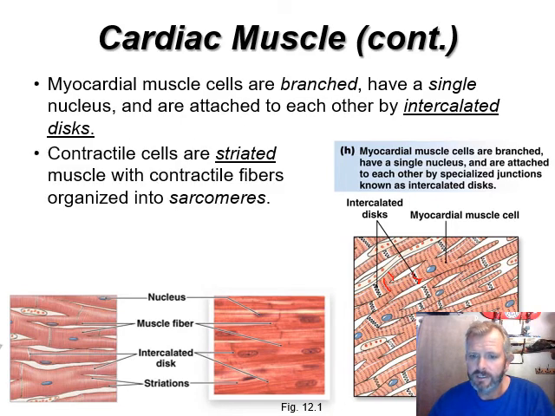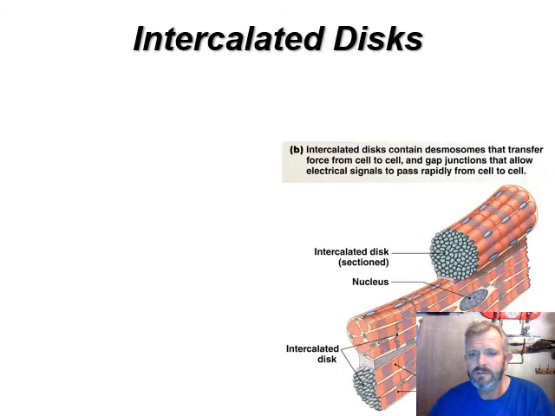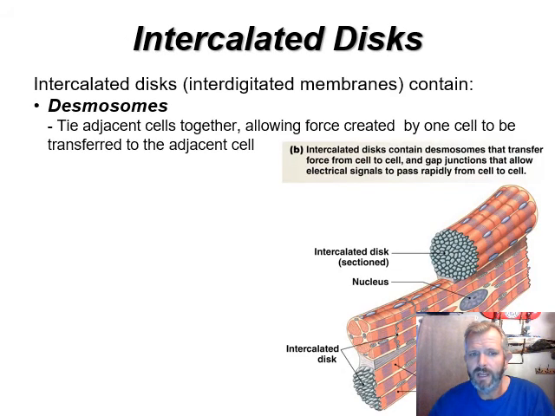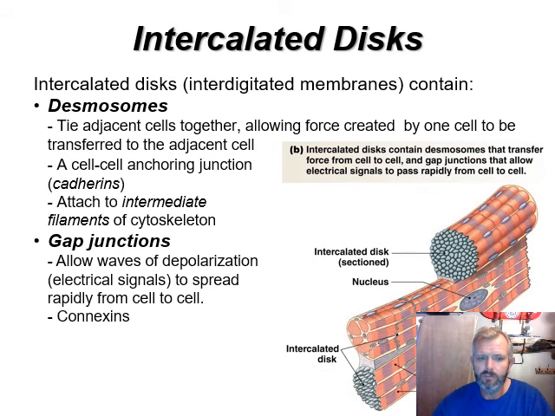We're going to see the intercalated discs. What do we have there? We have desmosomes to tie them together because we're creating this force. But the one thing that we'll talk about later, but we'll look at briefly here, is the gap junctions. Because what we're going to see is through these intercalated discs, there are those gap junctions in which we can move a depolarization from one muscle cell into the next muscle cell.